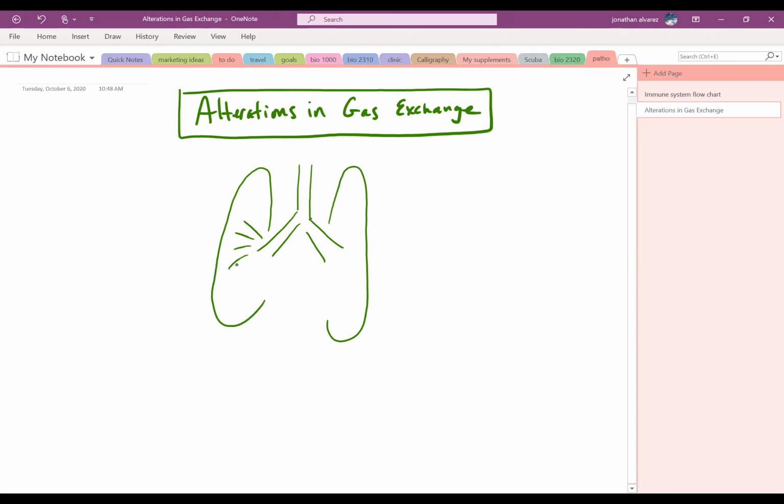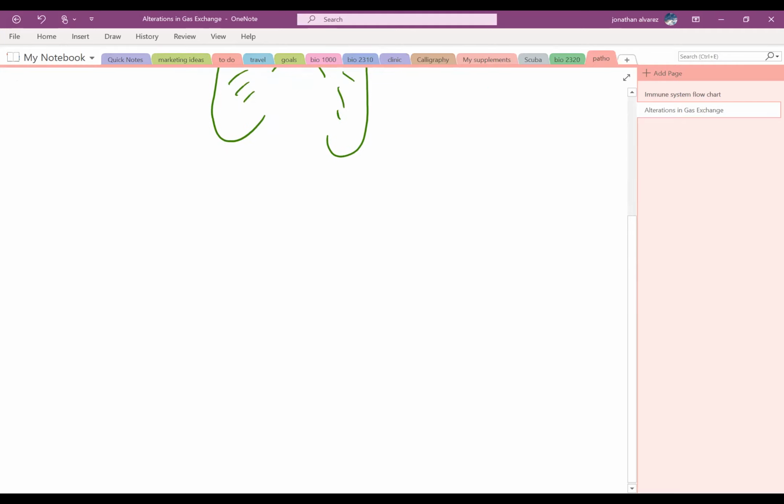And then those bifurcate and eventually distribute and get all the way out there to the alveoli. So anytime those areas are hurt, whether it's through constriction, through fluid buildup or whatever, you're going to have problems.